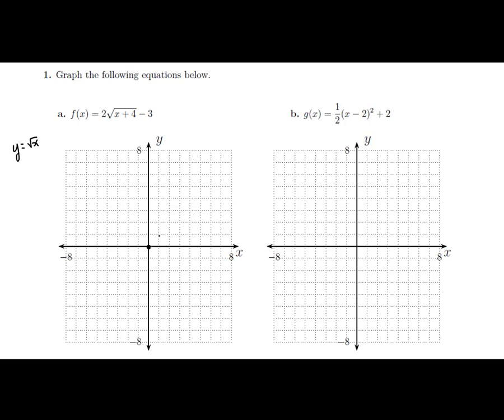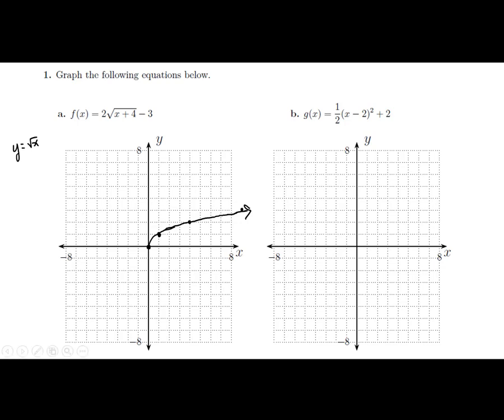When x equals 1, y is equal to 1. Then when we're thinking of square roots, we think of the next perfect square. So when x is equal to 4, y is equal to 2. And the next convenient one is x equals 9. That takes me a little off the grid, but that would give me y equal to 3. So that gives me a pretty decent picture of my original untransformed function, y equals the square root of x. A little bit wobbly there, but we get the picture.